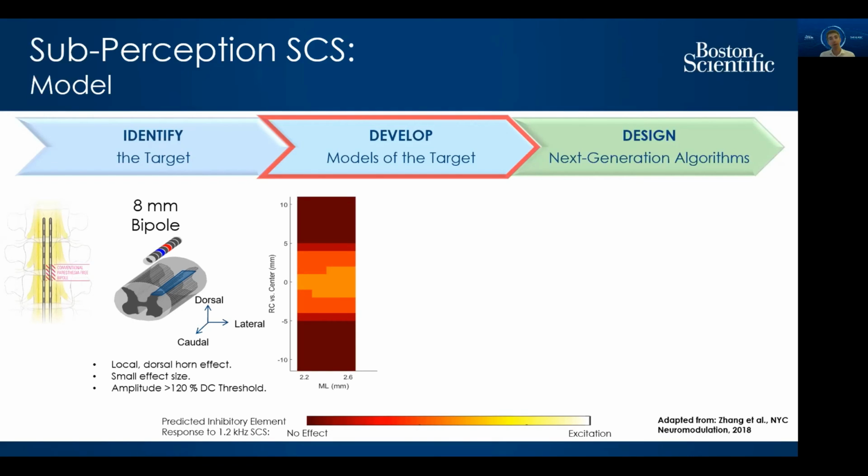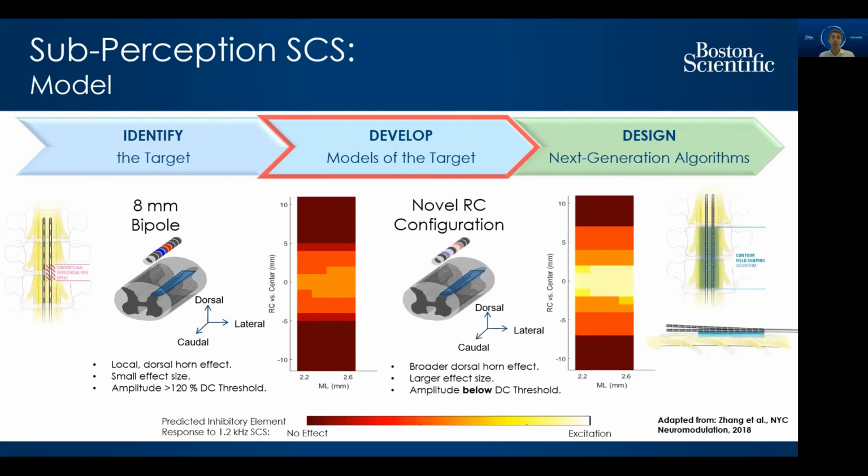So maybe we can do better than that. And in fact, the model predicts that certain types of electrode configurations, such as Contour, having this distinctive uniformity under the electrodes, that can be also aligned more directly in the dorsal horn, could produce a broader dorsal horn effect and a stronger dorsal horn effect as well.